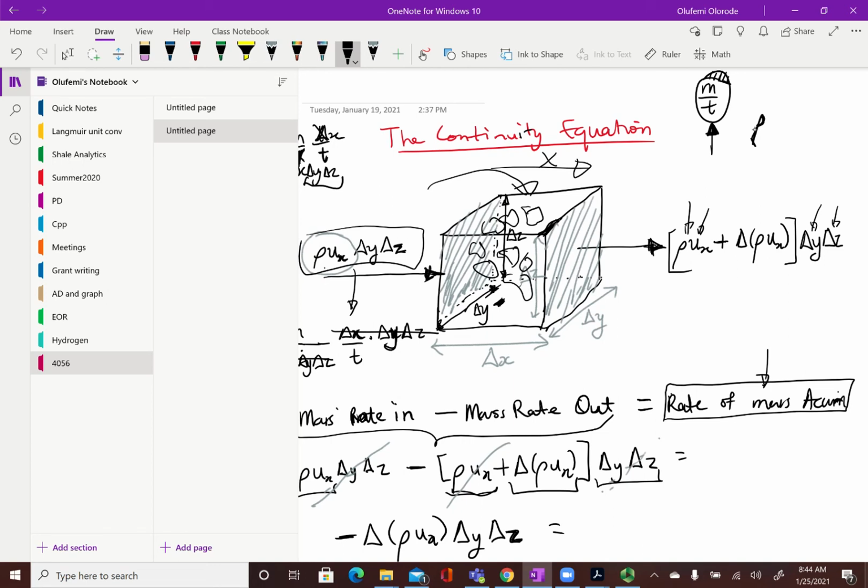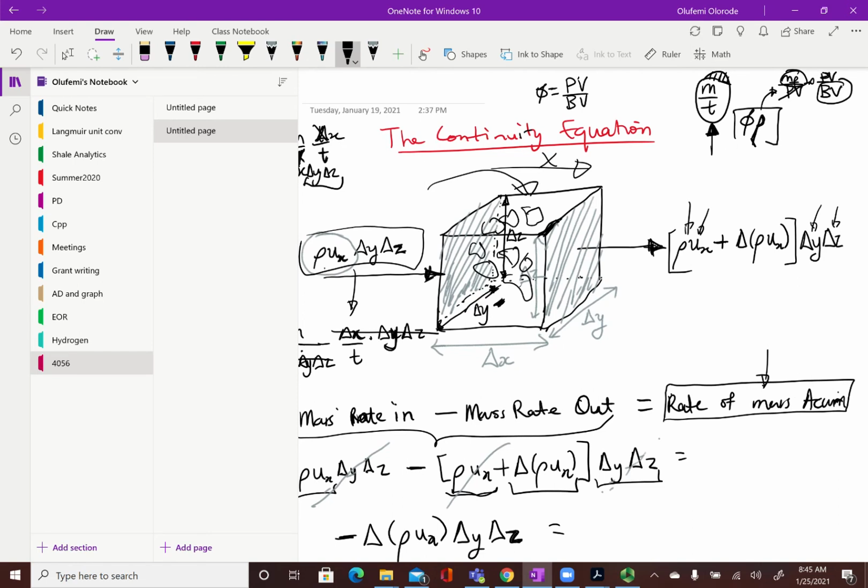And so we need to multiply this density by porosity, which is pore volume divided by bulk volume, right? And this density is essentially mass of the fluid divided by the pore volume, right? That's why we need to multiply by the porosity, which is pore volume divided by bulk volume, which gives you mass of the fluid per unit bulk volume.